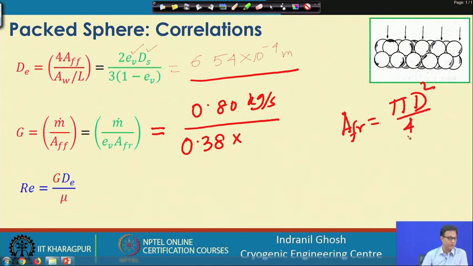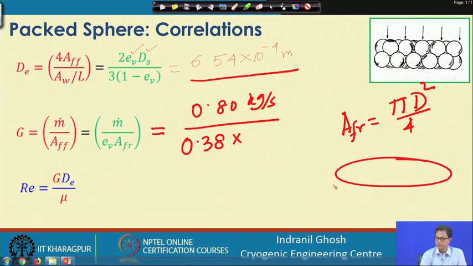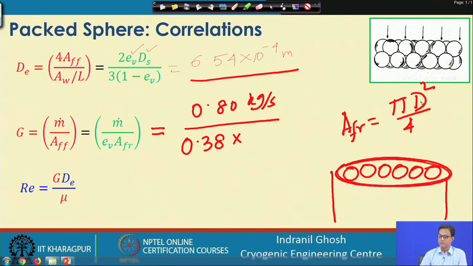This is like a tube filled with spheres, and the frontal area is this surface area, pi d square by 4.